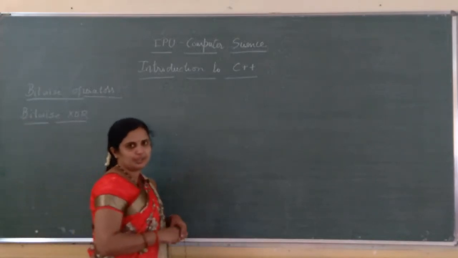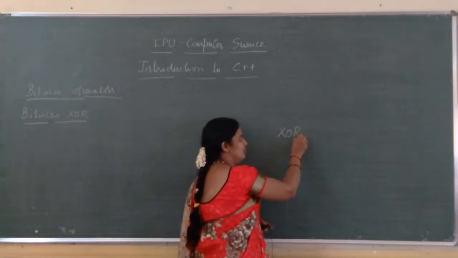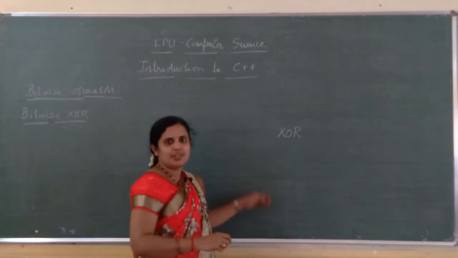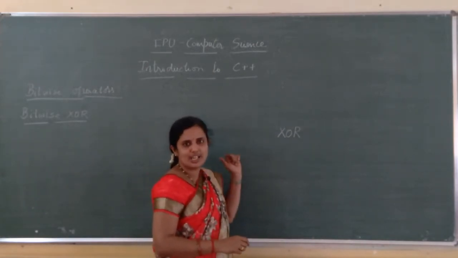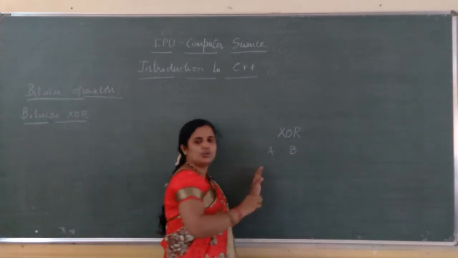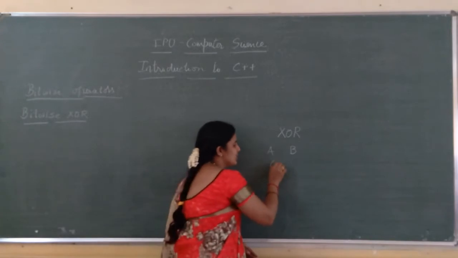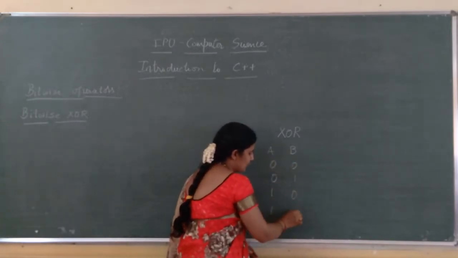Before I go to bitwise XOR, I will write the table for the XOR operation. XOR is one type of logical operation. Here I will consider two input data, 0 0, 0 1, 1 0, 1 1.